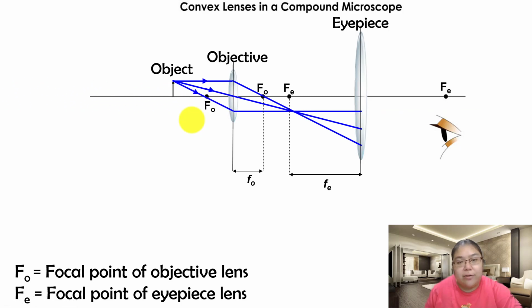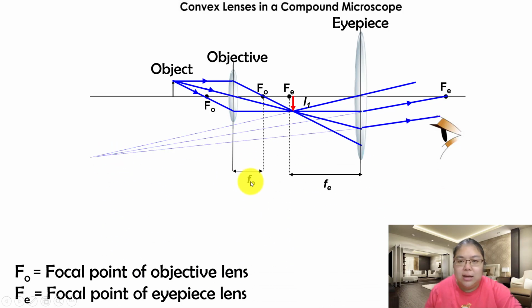Finally, they cross, so this is my first image. Then I continue to draw from the first image. I go to the center, then continue this line to FE. The rest continue because they cross already. We just continue from your eyes. Finally, you can see the image is located here. Then you draw your second image.